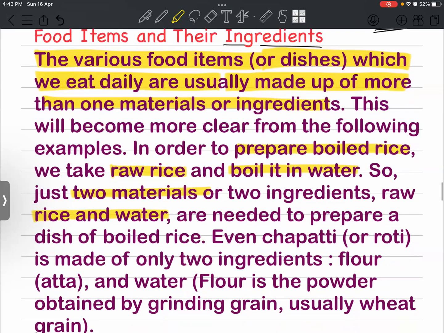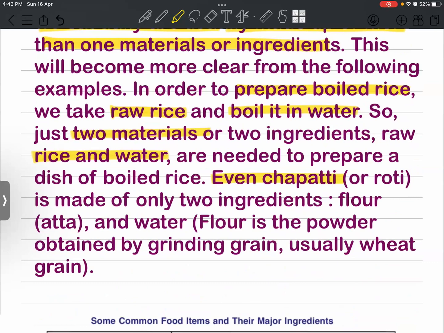Now, if you were to prepare chapati or roti, what are the two ingredients used here? We need wheat, wheat in the powder form. Wheat in the form of what? Flour. Flour and water.